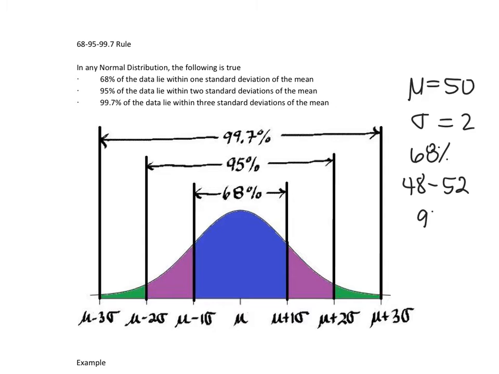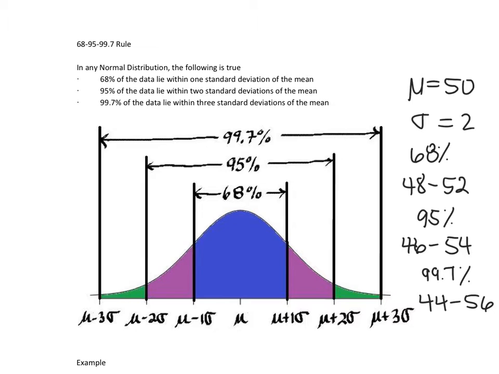Then 95% of the data lies within 2 standard deviations of the mean. 2 standard deviations would be 4, so that would be 46 to 54. And lastly, 99.7% of the data lies within 3 standard deviations, which would be 6, so that's 44 to 56.